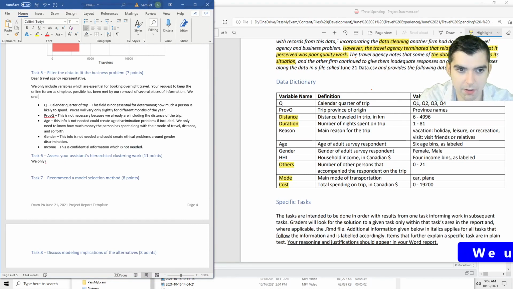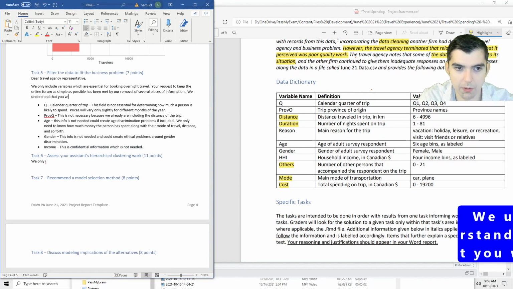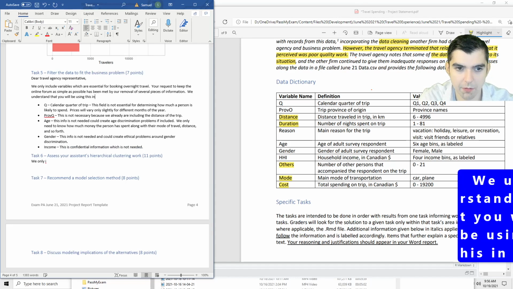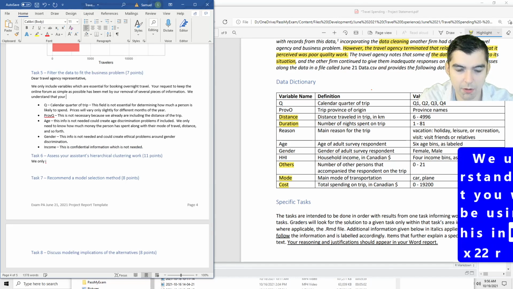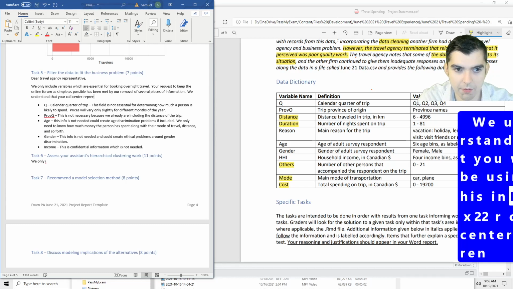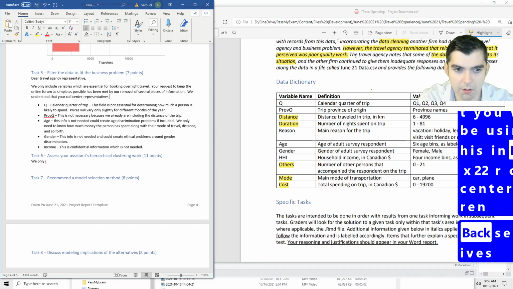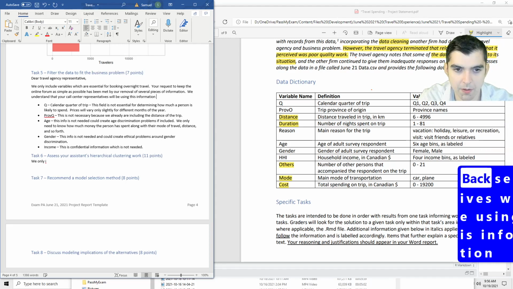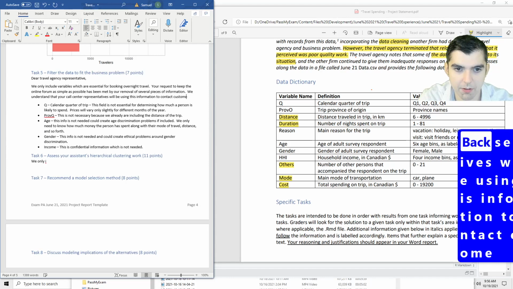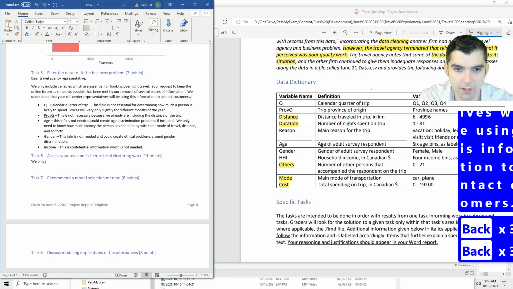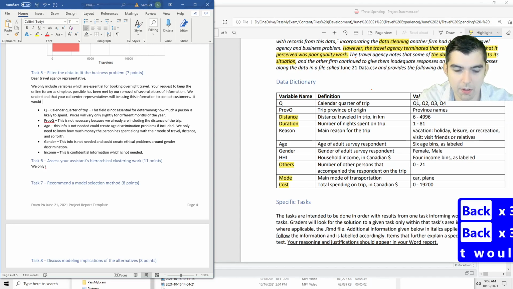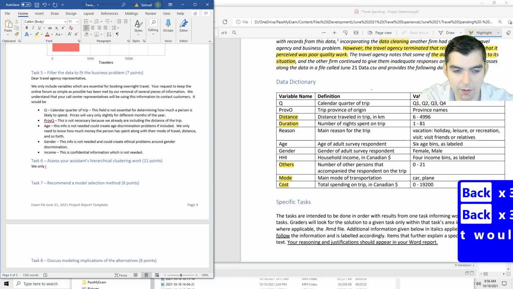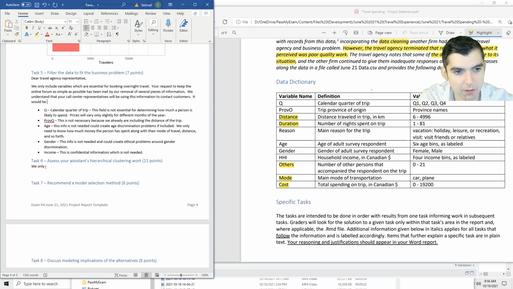We understand that your call center representatives will be using this information to contact customers. It would be scary, frightening, sketchy, awkward.